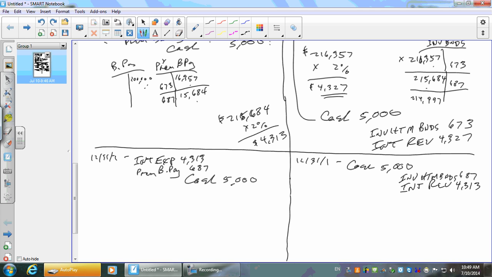Let's do it over on this side. What happens to your premium to the bond issuer? 15,684 less 687 is what? 14,997. So we got 200 plus 14,997 is the carrying value. All right.